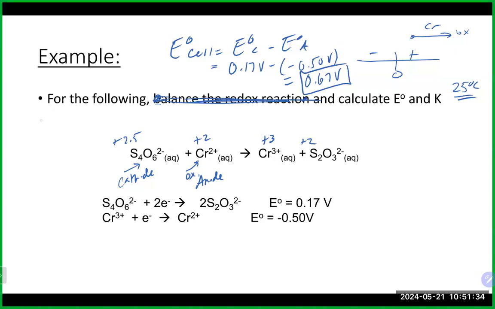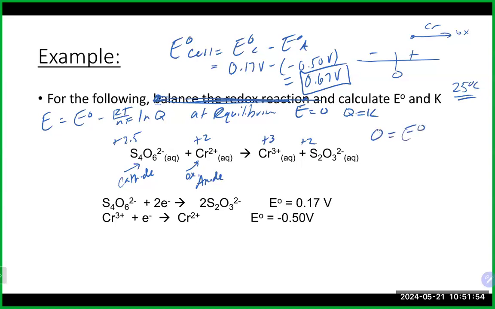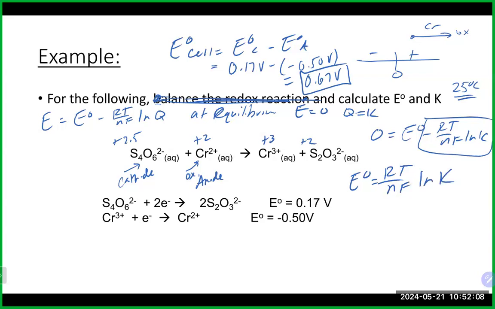Again, if you can't remember the other equation, but you do remember the Nernst equation, at equilibrium E equals 0, Q equals K. So that gets you 0 is equal to E naught minus RT over nF natural log of K. Bringing all that to the other side, it's going to give us E naught is equal to RT over nF natural log of K. Just looking at the half reactions here, we see we perhaps need to balance out the electrons by multiplying that by 2.